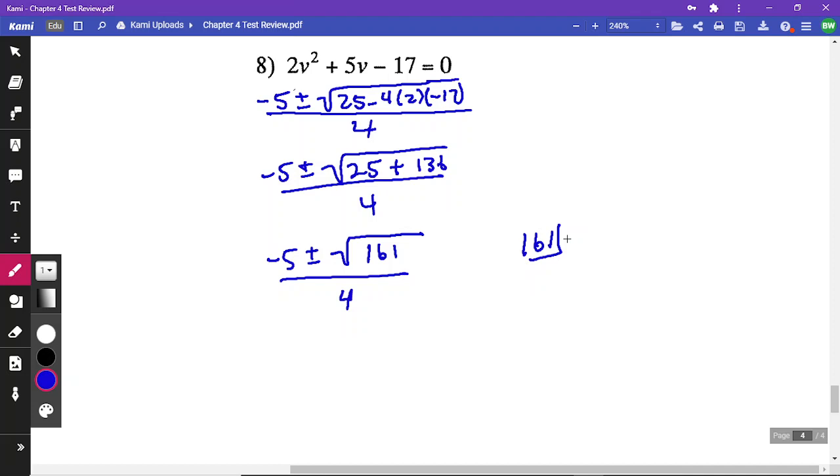So it turns out 7 goes in, and that's 23.